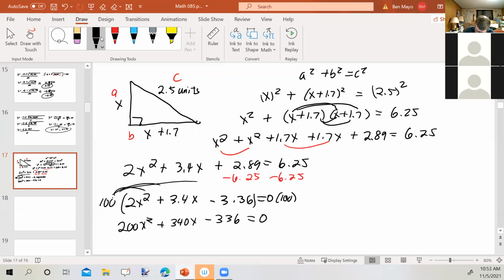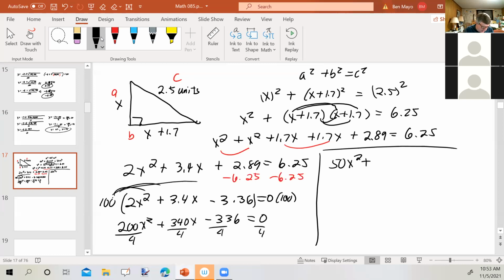Well, I see that they're all even, so I can at least take out a 2. Actually, I can take out a 4. Let's do that. We'll divide by 4. 200 divided by 4, we get 50x squared plus 340 divided by 4 is 85x minus 336 divided by 4 is 84 equals 0.